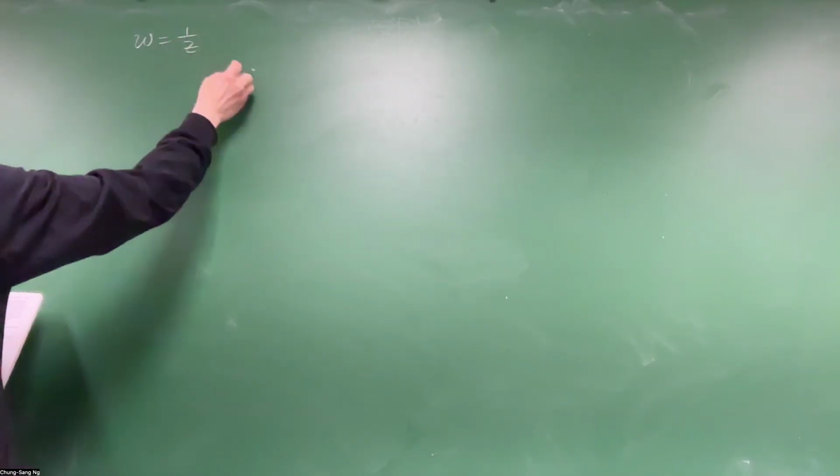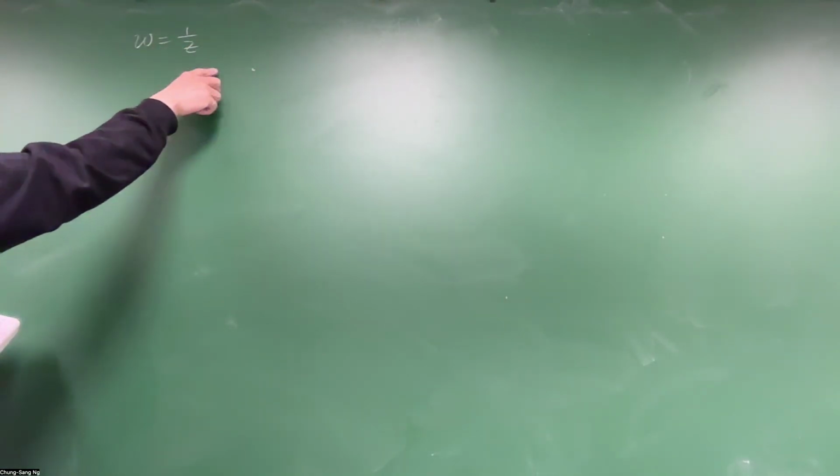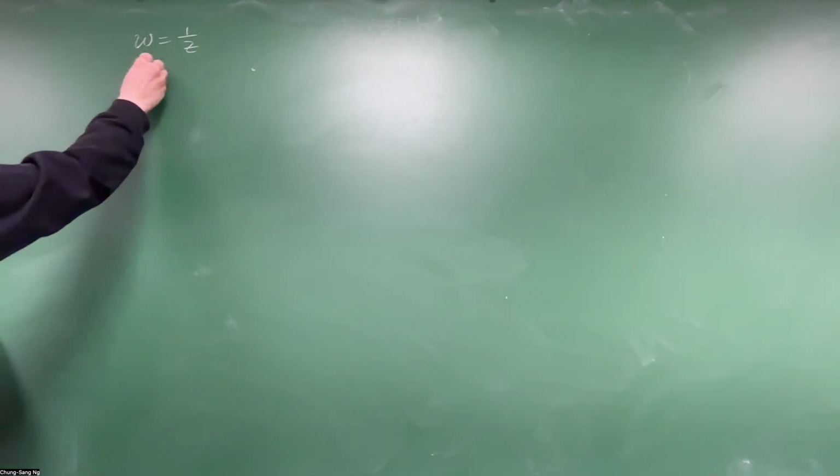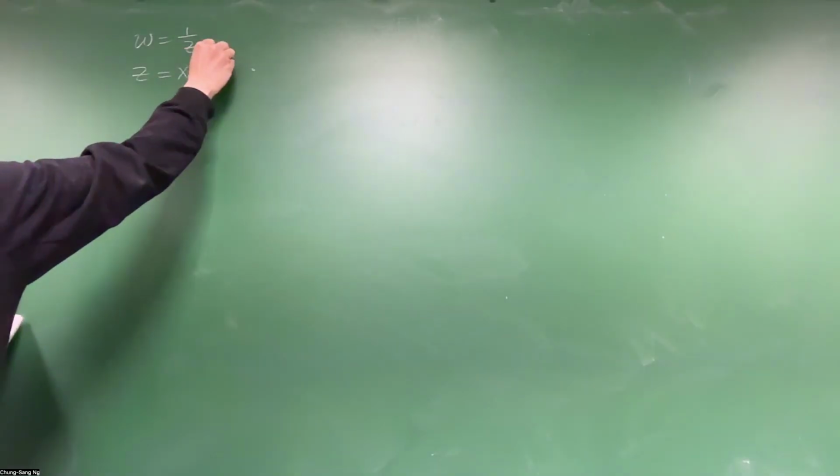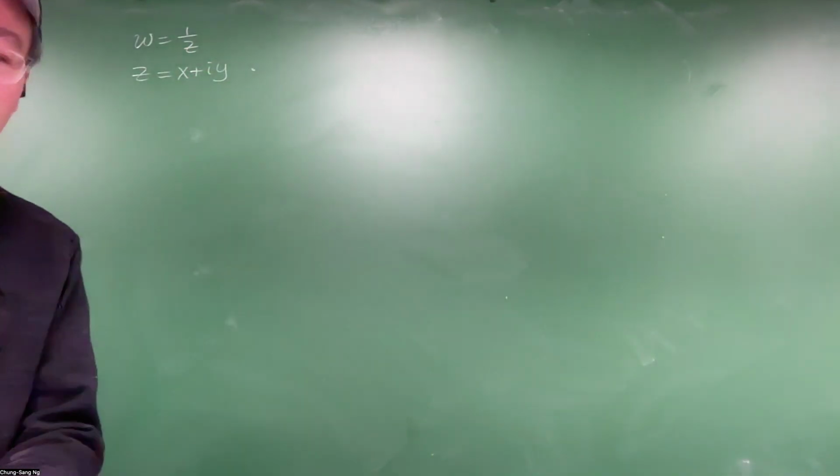The mapping is W is 1 over Z, right? And last time we solved for the transformation of the real and imaginary parts. You can now write Z is X plus iY, and let's solve this directly.